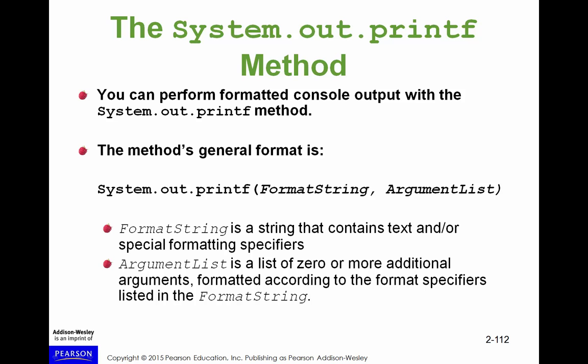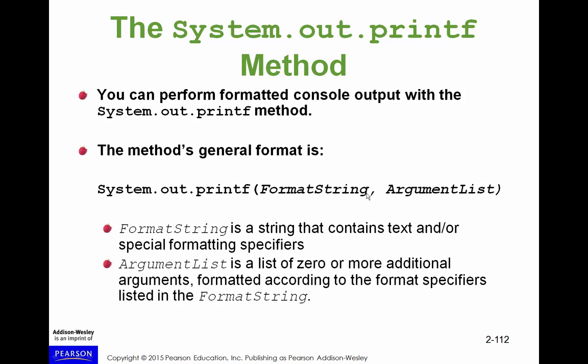So mainly printf is used for formatted console output, which means when you're combining strings and numbers and things, often you want to format the numbers, format things so that certain things line up so that it looks nice. It has white space in certain places. It's readable. Okay, and the general form is that you've got a call System.out.printf just like this, and at least two arguments that will appear in this method call.